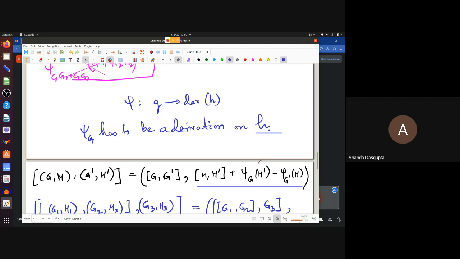Of course 0 is a derivation, right? 0 acting on AB will give you 0, which is 0 acting on A times B plus A times 0 acting on B. So if you say that this psi, this particular map that we are talking about, just maps G to 0 of H, then we are done. G to 0 of H meaning the operator which is the null operator on H, not the element 0 of H. Then this is going to give you the direct sum, which is a special case of the semi-direct sum.